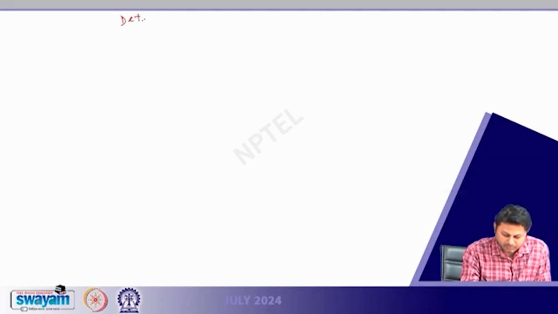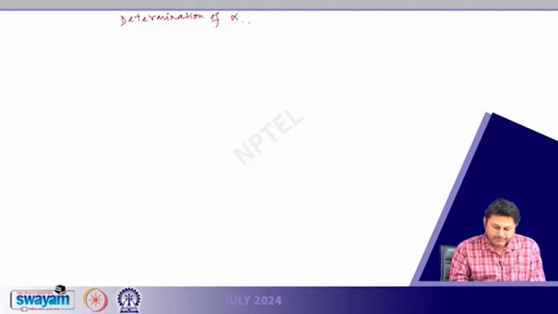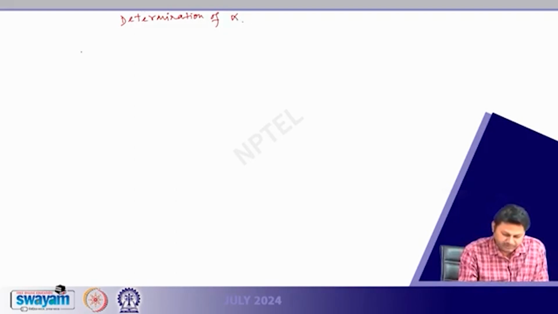So, determination of alpha. So we have E_P equal to this constant that we had, right?